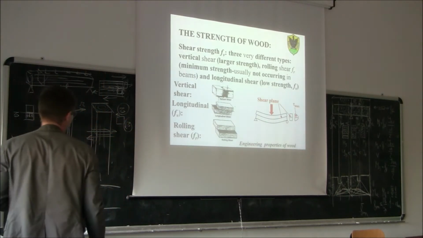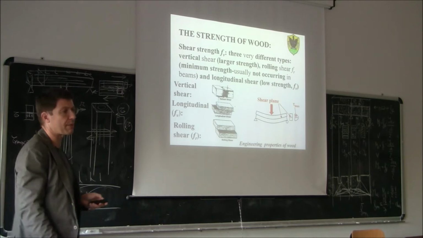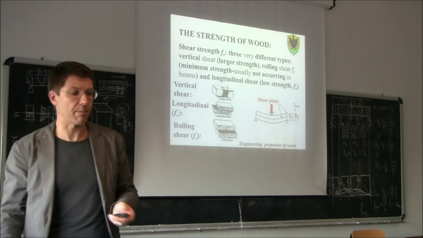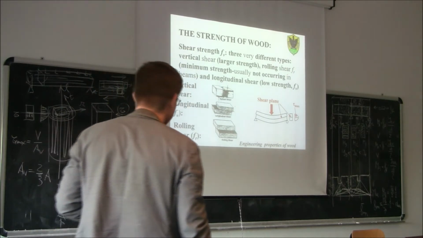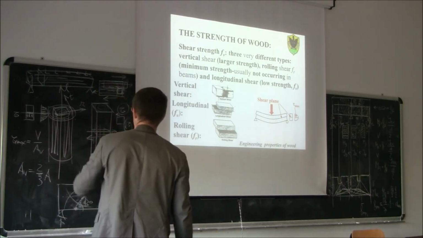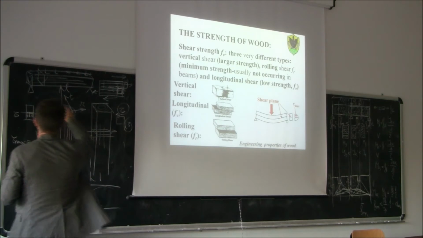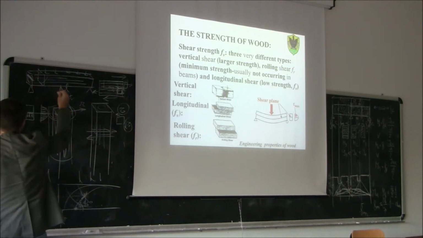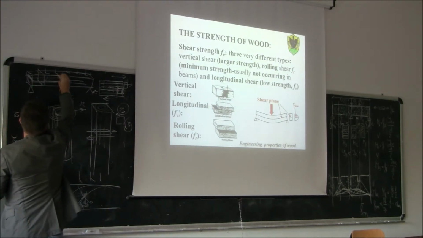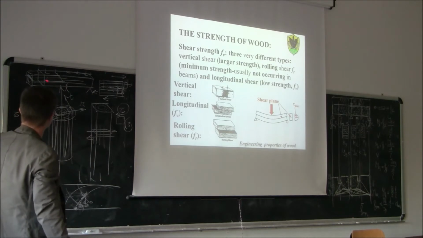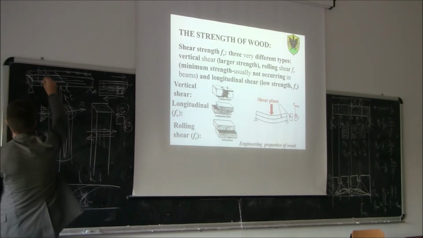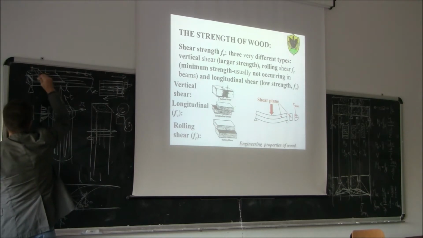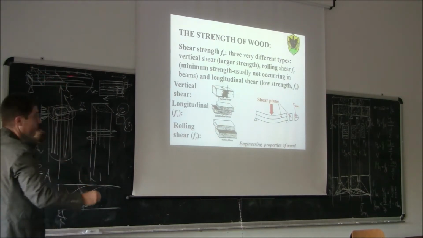However, in other structures, two-dimensional structures, for example cross-laminated panels, we will see that there is another possibility of shearing. So, again, if we look at this beam here, the shear plane could be the same, but the shearing direction could be perpendicular to the direction of the fiber.